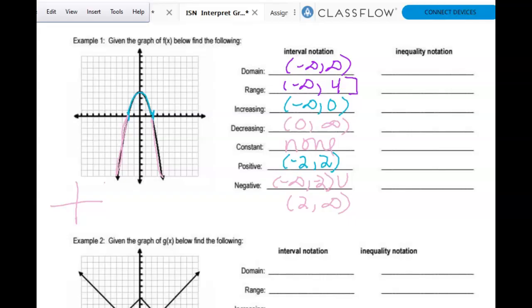It's a U. What does U stand for? Union. That was on the domain and range we already did. It does not mean it's together.